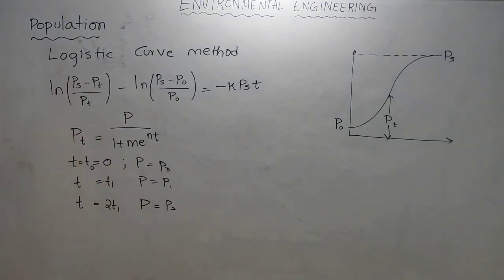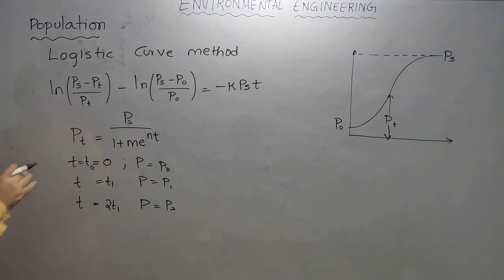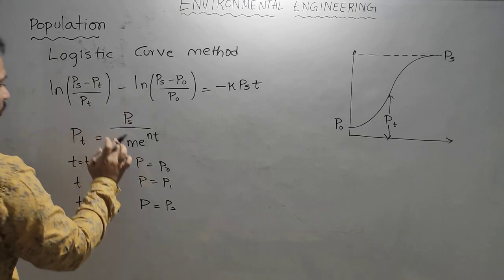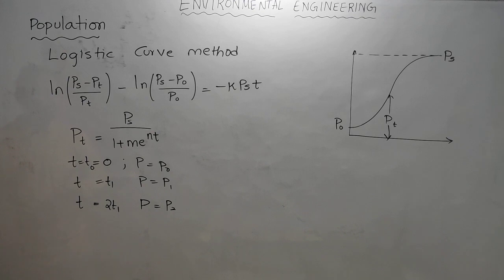Then the saturation population is PS. From this equation, to find the population at any time, we need to know PS, M and N. The formulas of PS, M and N can be derived from this population data.